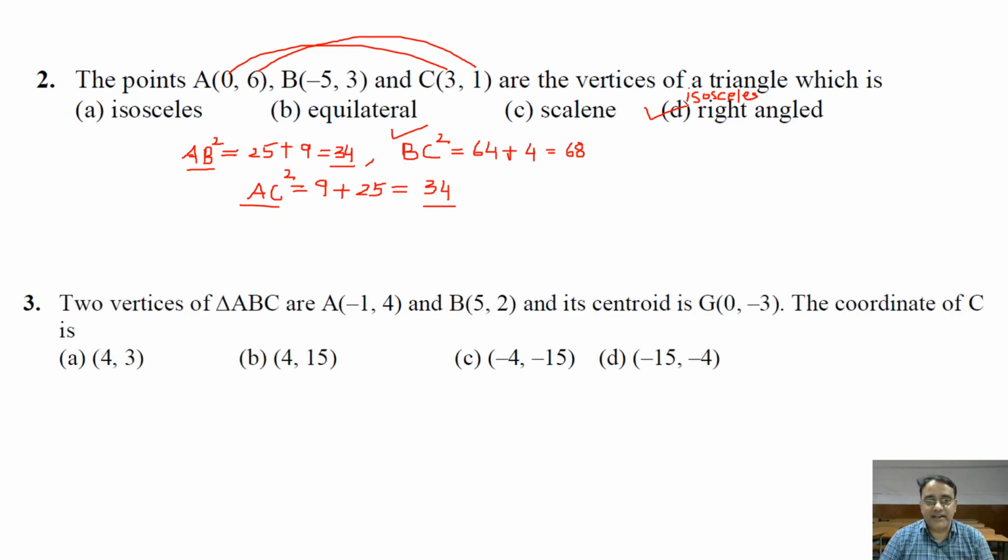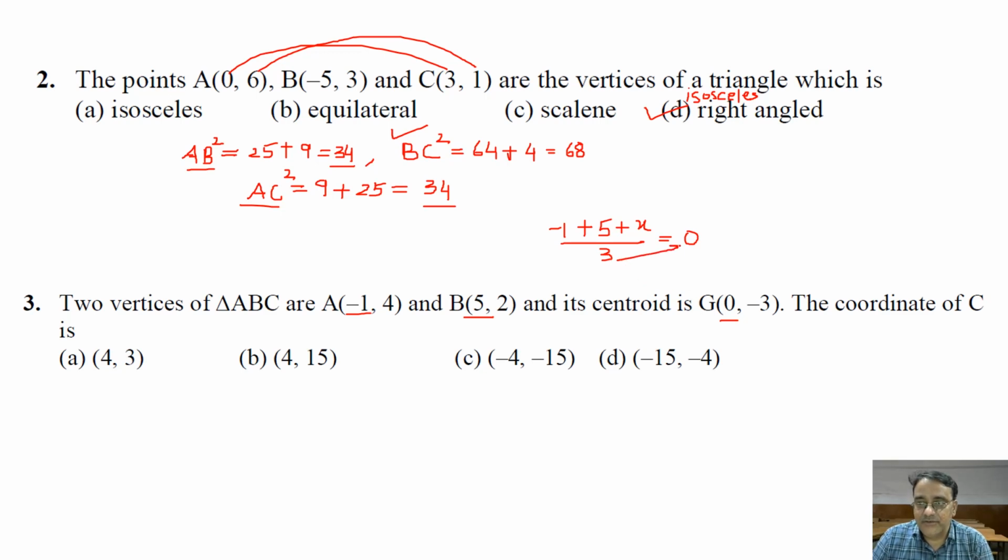Two vertices of triangle are A minus 1, 4, B 5, 2, and its centroid is G 0, minus 3. सेंट्रॉइड का फॉर्मूला होता है x1 प्लस x2 प्लस x3 बाई 3, y1 प्लस y2 प्लस y3 बाई 3. ठीक है, तो ध्यान से देखो, x1 प्लस x2 दैट इज minus 1 plus 5 plus x3, उसको मैं x ही लिख रहा हूँ, over 3 is equal to 0, because the x coordinate of centroid is 0.